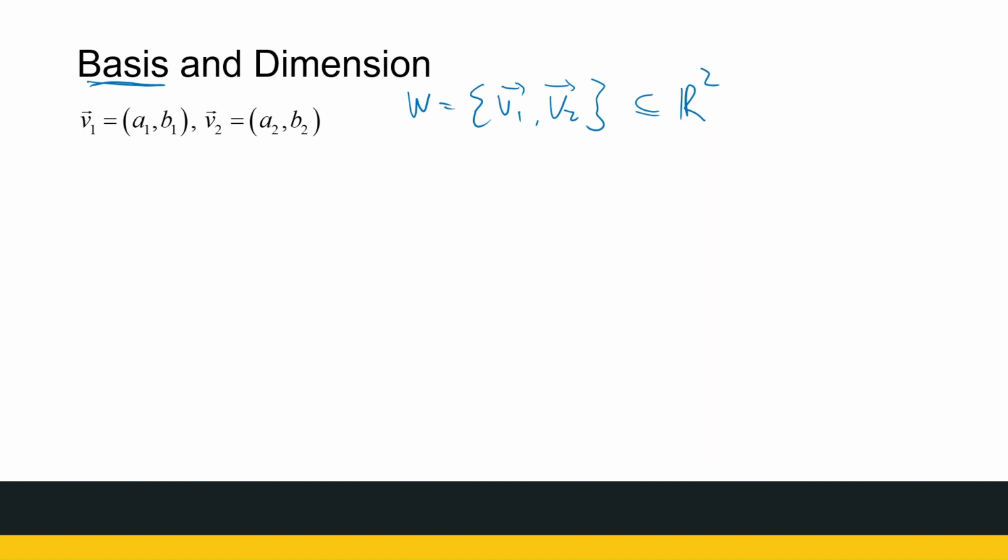When I check for the span, let B be any element of R2, and I can let B equal (X, Y).